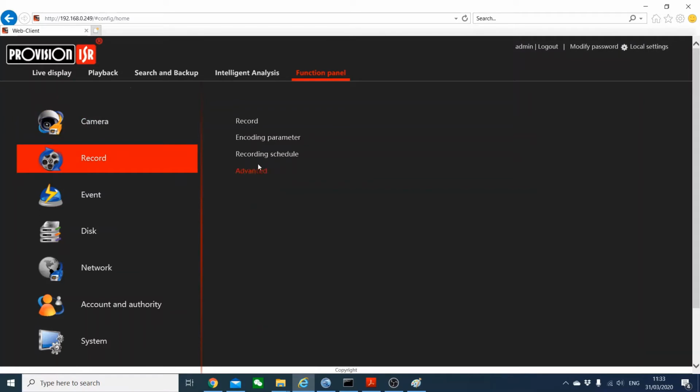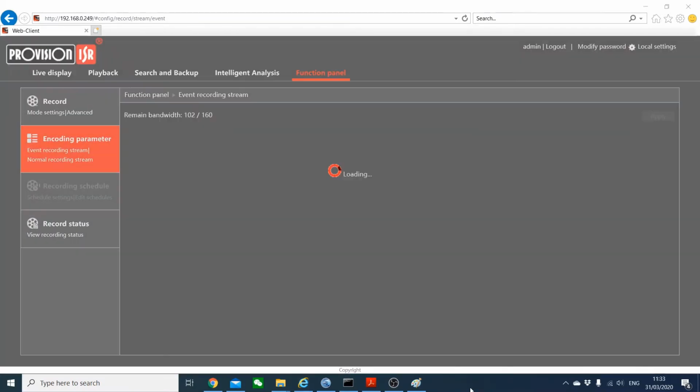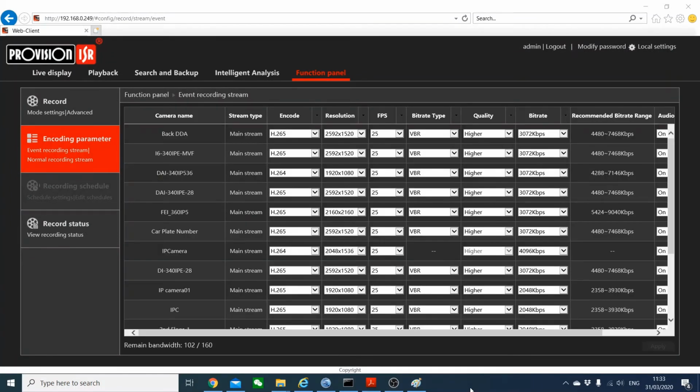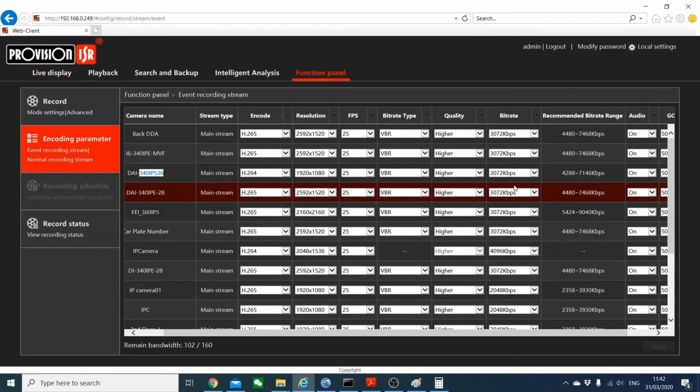So every NVR has this menu, encoding parameters, which inside we will be able to see basically the list of cameras. There it is, with all of their parameters. Now for the example, we're going to use this camera because it has this common resolution. So let's go into what we've just talked about. We see here that this camera sends 3072 kilobits per second.